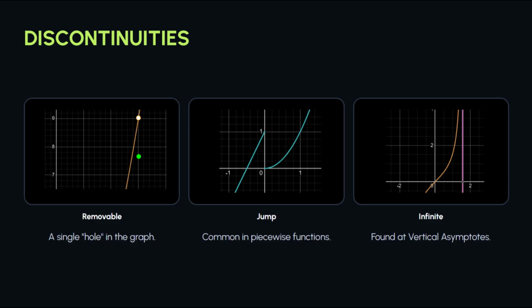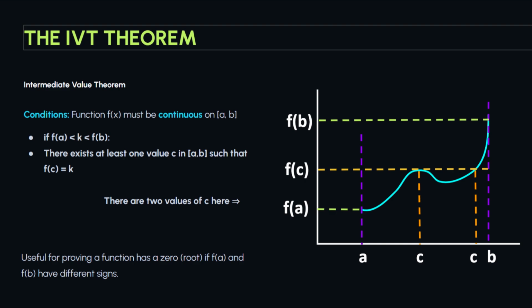Finally, we have the intermediate value theorem, or IVT. To apply this theorem, you must always state its required conditions first. The function f of x must be completely continuous on the closed interval.